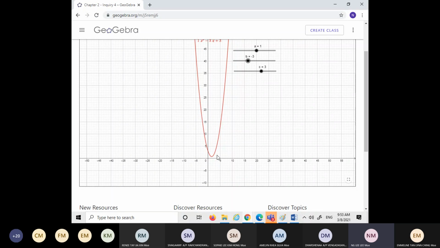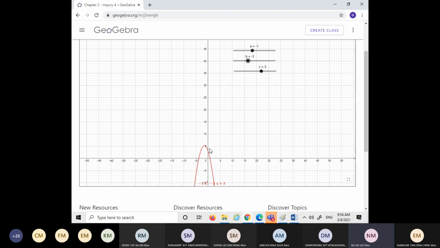For the graph where y is smaller than 0, a sad face, again I drag this back to 0. When B is positive, the vertex is on the right side of the y-axis, and when B is negative, the vertex is on the left side of the y-axis. It is reversed: for A positive and for A negative, the effect is reversed.